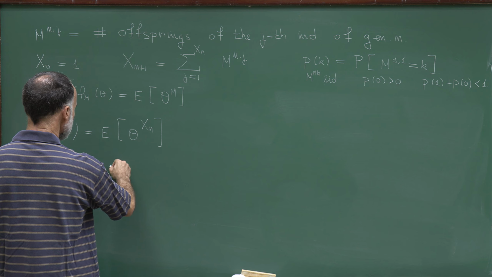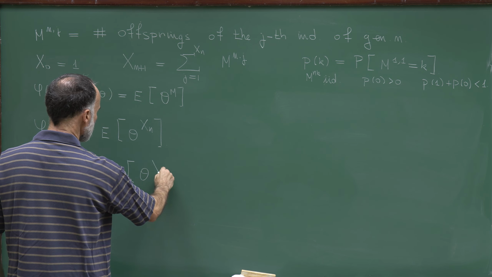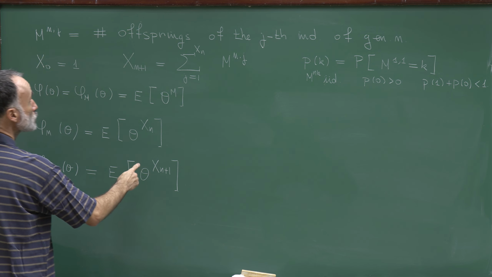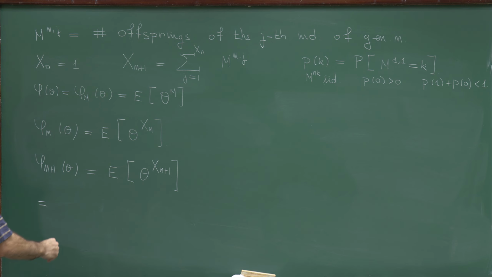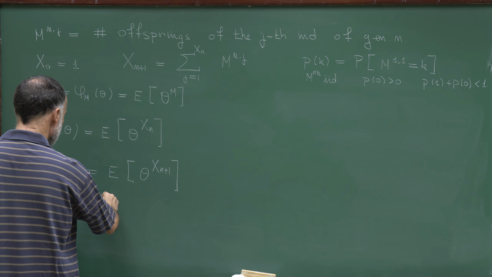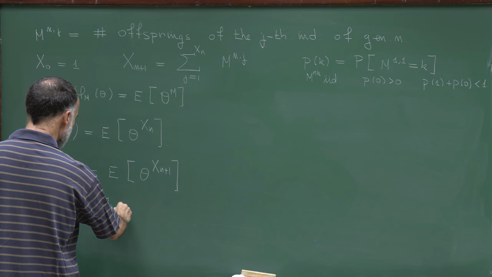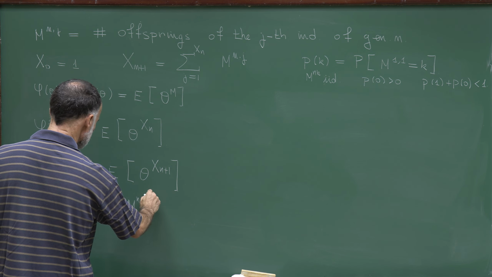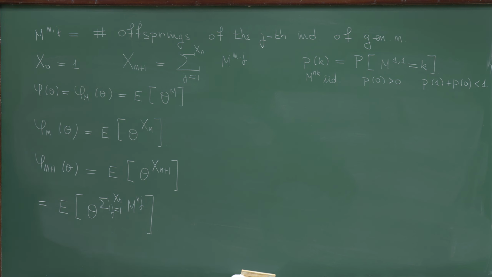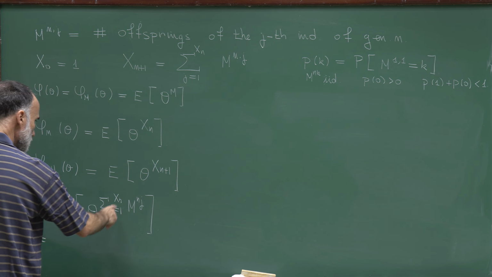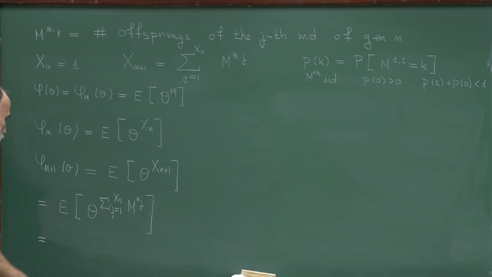This is, by definition, the expectation of theta to the power xn plus 1. But for xn plus 1, I have here a definition. So this is the expectation of theta to the power the sum from 1 up to xn of m n j. Right, so this is my definition of our model, my definition of xn plus 1. So now let me decompose according to the possible values of xn.